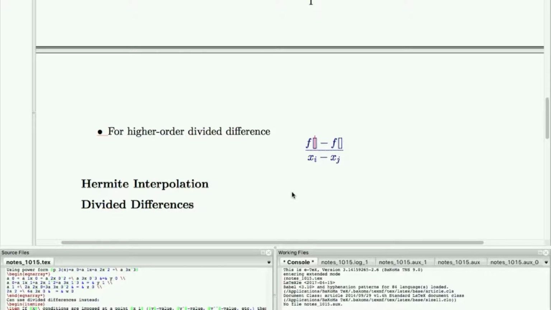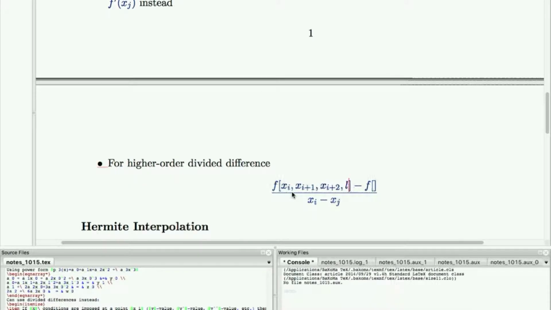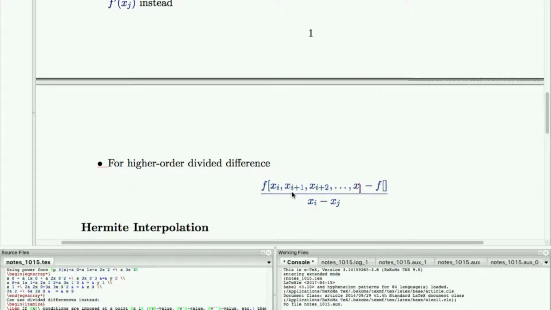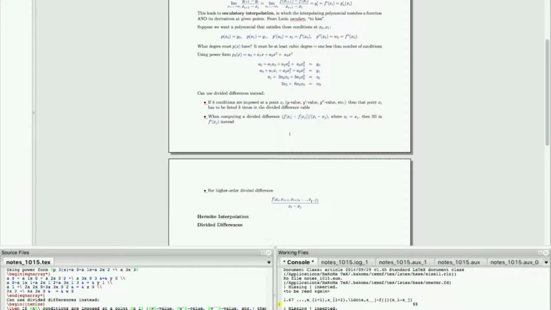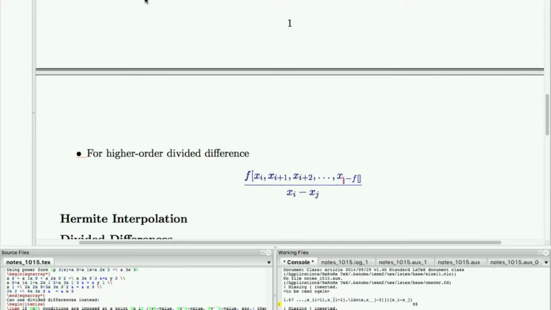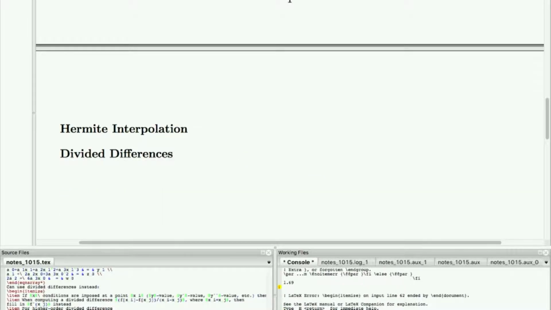So you have some higher order divided difference here, where I have xi, xi plus 1, xi plus 2, etc., up to x j minus 1.